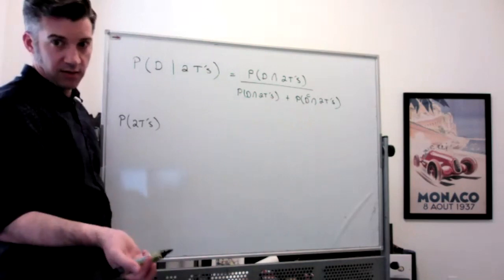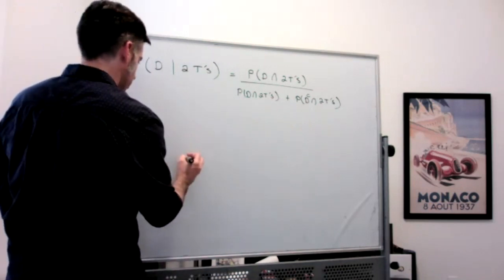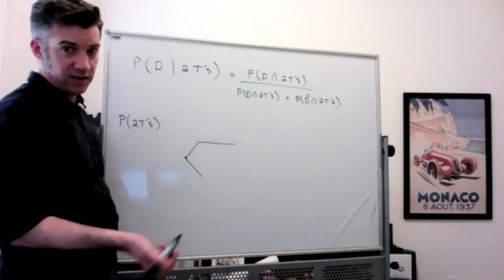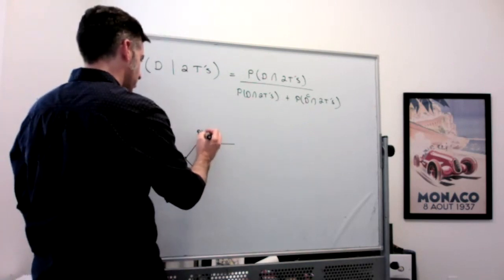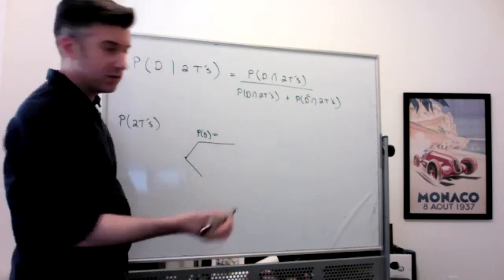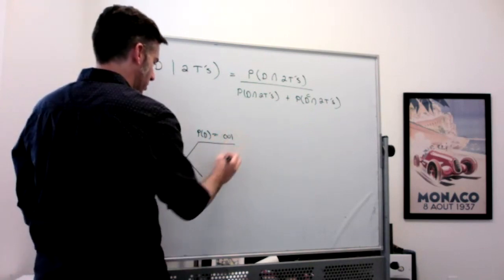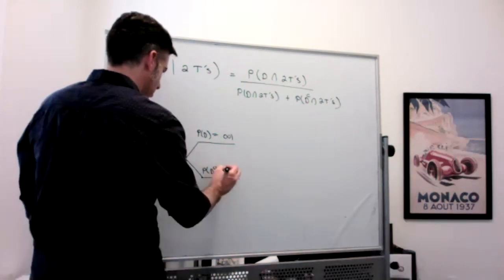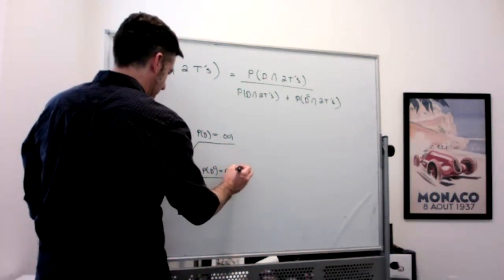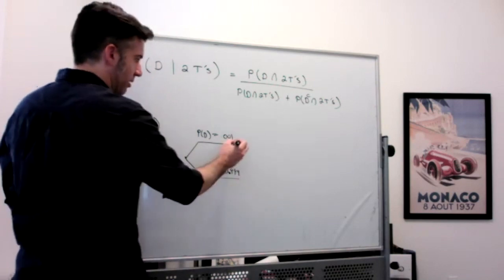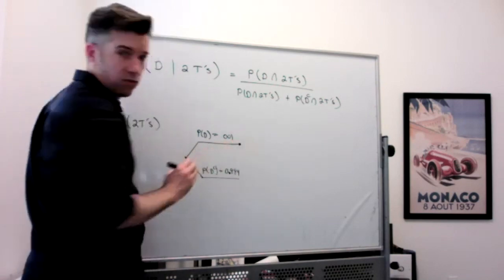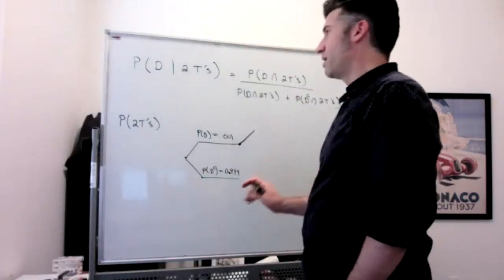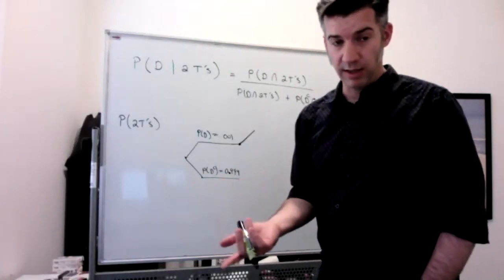So I'm going to make again a tree. On the first branch, the probability of having the disease is still 1 in 1,000, 0.001. The probability of not having the disease is still 0.999. And then from there, we branch off. And again, we are assuming these tests are independent.